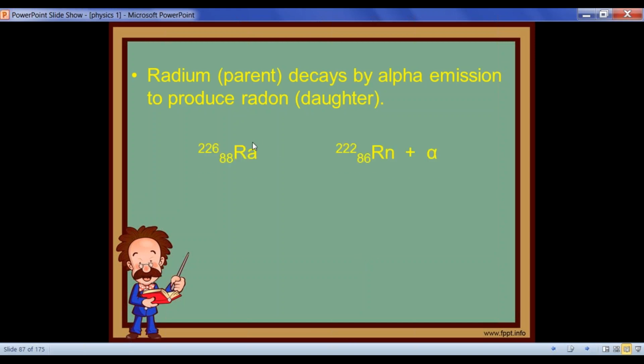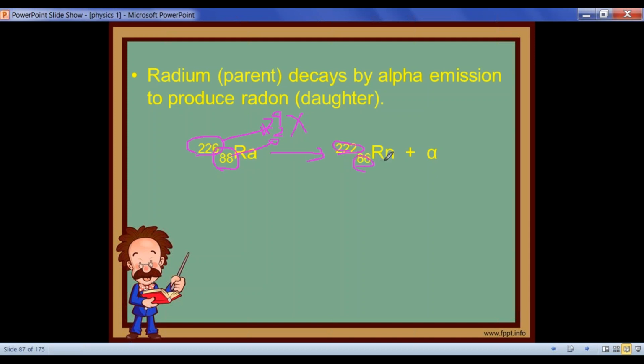So ito siya. So radium, we will highlight. Radium has an atomic mass of 226 and atomic number of 88. Sabi natin, ang alpha has a mass of 4 and a charge of 2. Dahil we are talking here of decay, 226 minus 4 is 222, then 88 minus 2 is 86.